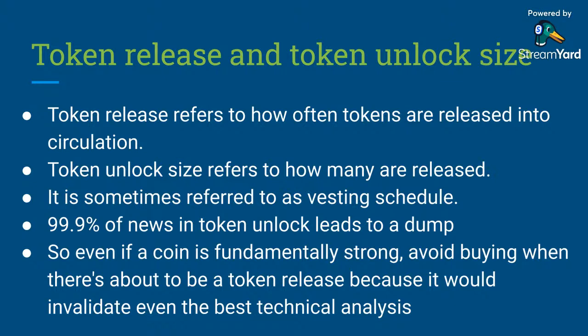That is why we have the next one, token unlock size, which refers to how many of these tokens are released. Let's assume now. Imagine that the total number of cryptocurrency that was created was 15,000. All right, and then at first we have a circulating supply of 3,000.